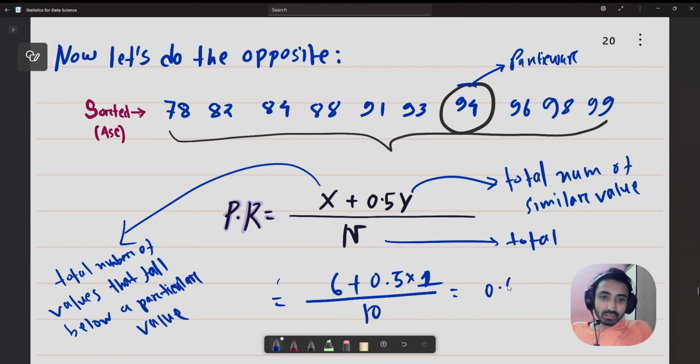This will give us 0.65, or in percentage it is 65%, the 65th percentile. So if you have scored 94, you will be ahead of 65% of the students, or in the other way, 35% of the students will be ahead of you, meaning 35% of the students have scored more than 94.